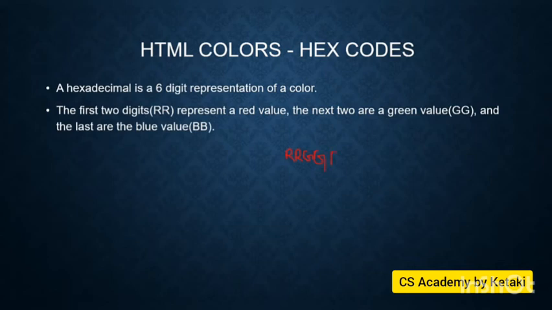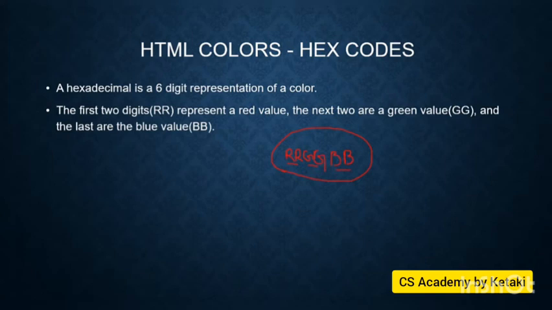So there are three basic colors. By using combinations of these three colors, we will get all colors. The colors which are present in the universe, we get by using combinations of these three basic colors: red, green and blue.